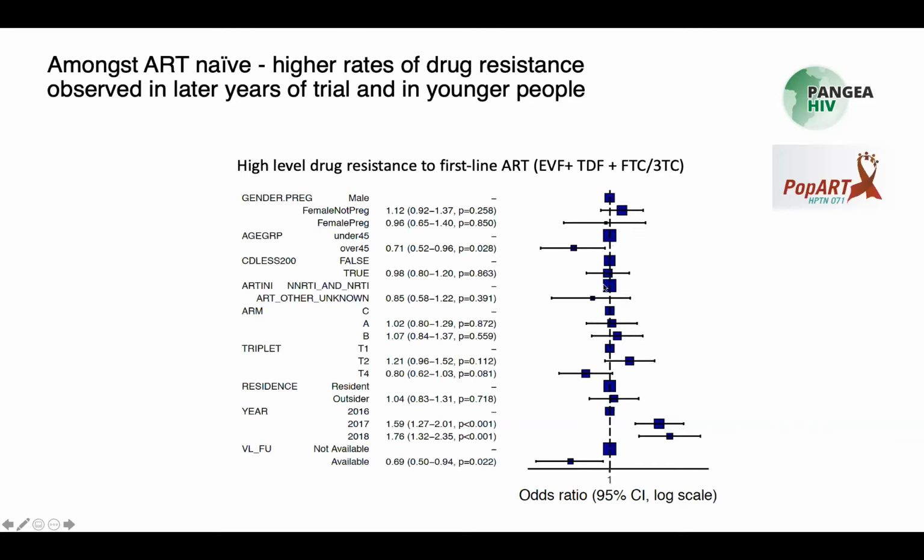So we got the suspicion of an increase in drug resistance in the trial, and with the implication that younger people who have been infected more recently are more likely to harbour drug-resistant virus than older people.